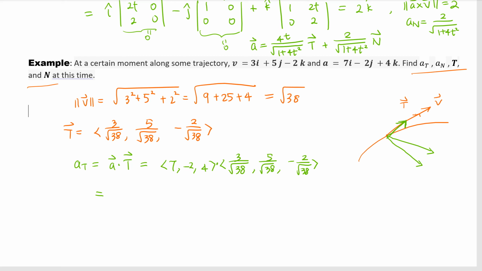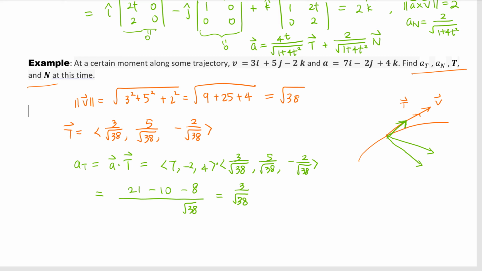You can see the denominator is square root of 38. 7 times 3 is 21, minus 2 times 5, 10, and then minus 4 times 2, 8. So that's the same as 3 over square root of 38. So far, so good, everybody? Remember dot product, you just multiply the coordinates respectively and then add them.